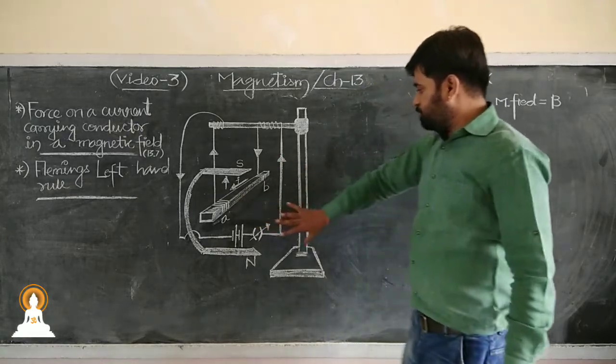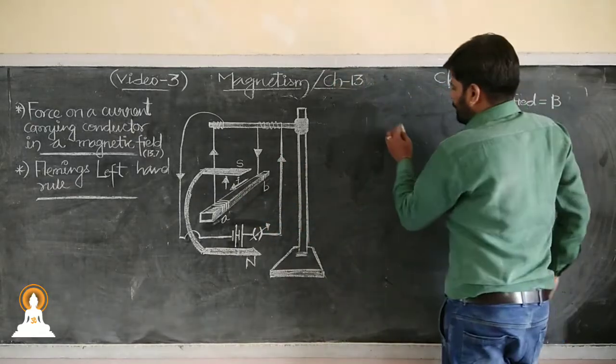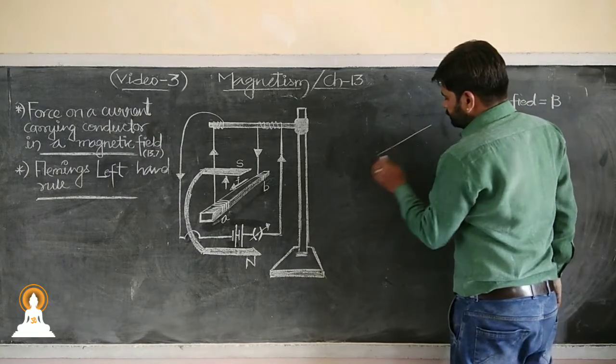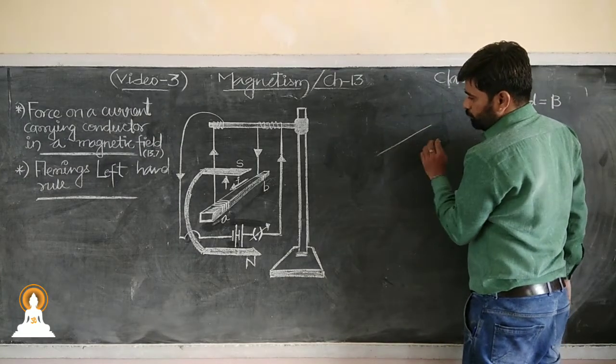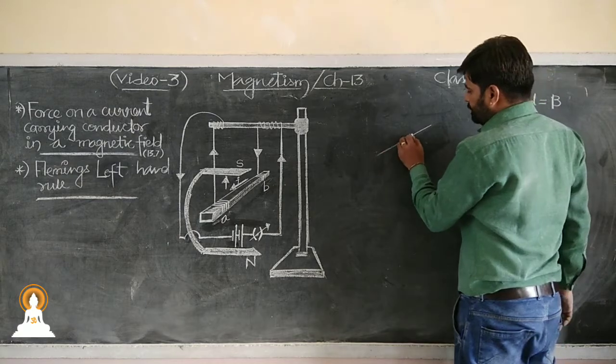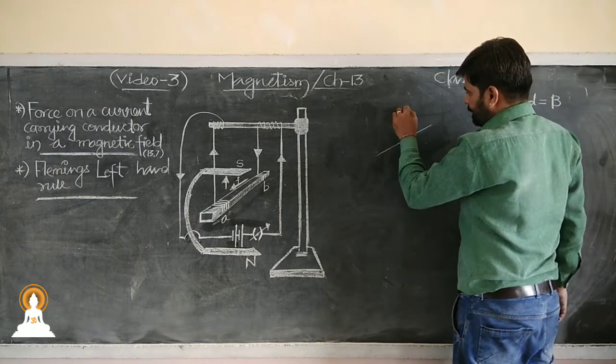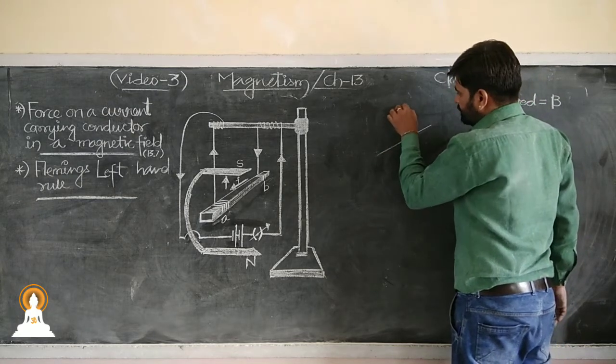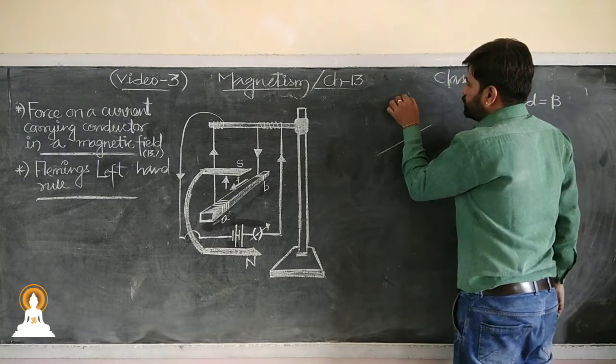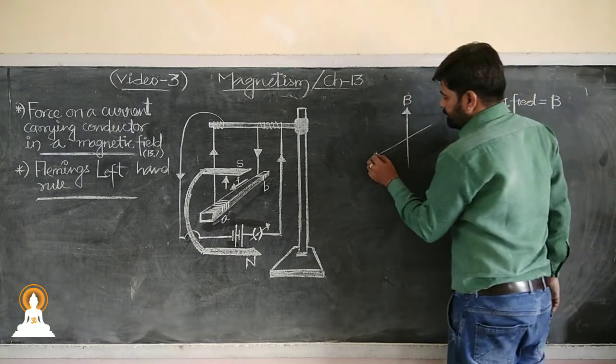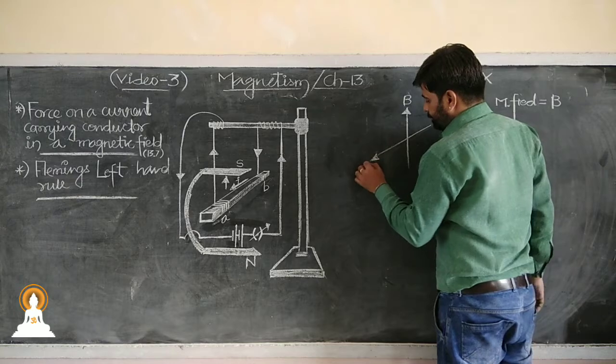Now when you switch it on, what happens? This is the rod in which the current is flowing. Our magnetic field is in the vertical direction. This is the direction of magnetic field, this is the direction of current.